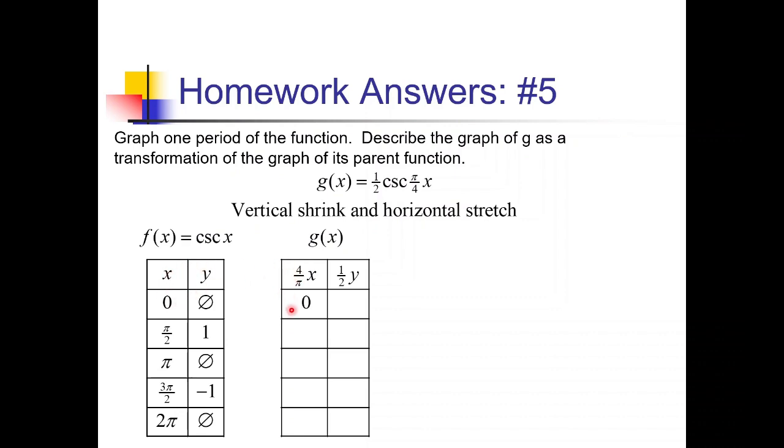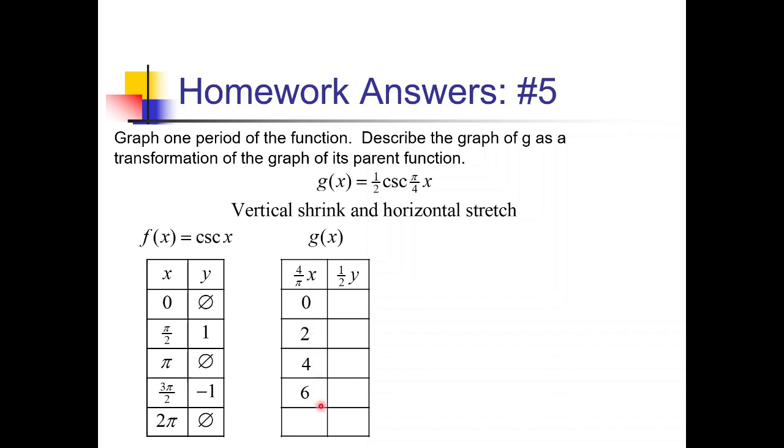0 is still going to be 0, but now pi over 2, let's see here, dividing by pi gives me 1/2, and then multiplying by 4 gives me 2. And then pi times 4 over pi gives me 4. 3 pi over 2, while dividing by pi cancels that, we have 3 times 4, which is 12, divided by 2 gives me 6. And you can see the pattern here.